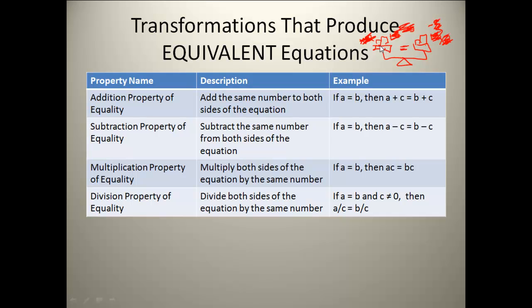I can maybe take half of the boxes, so if I divide it by 2, I would have to divide the other side by 2 in order to keep that balance. So we have these properties, and what you have to remember is that they produce equivalent equations. And we have to do the same thing to the right side as we do to the left side.